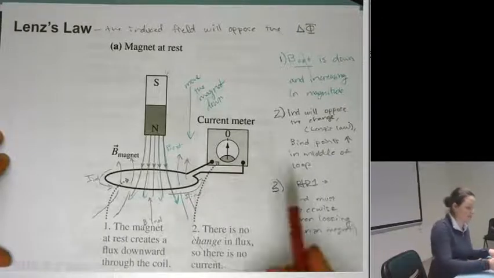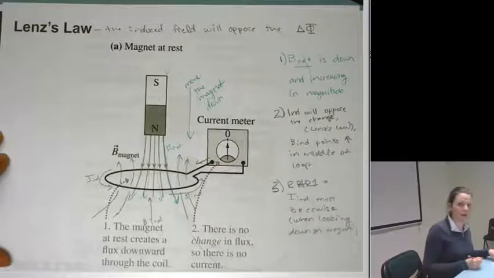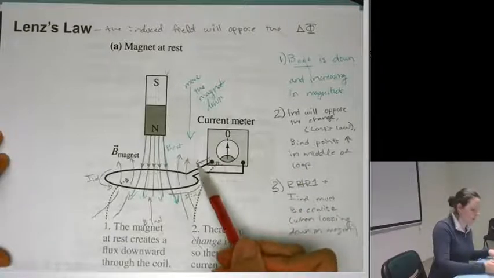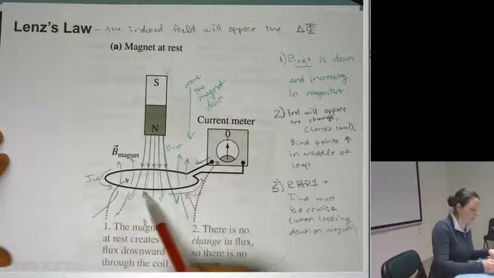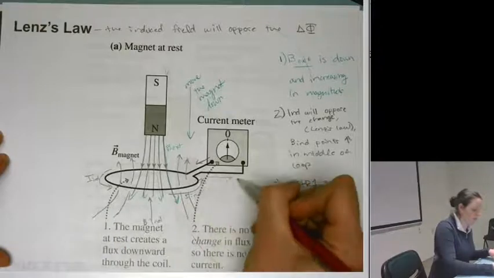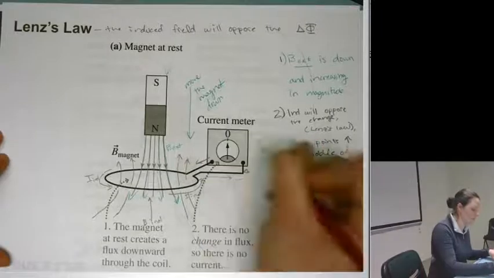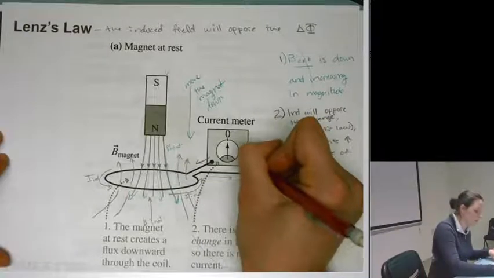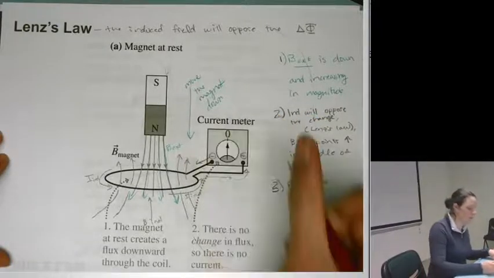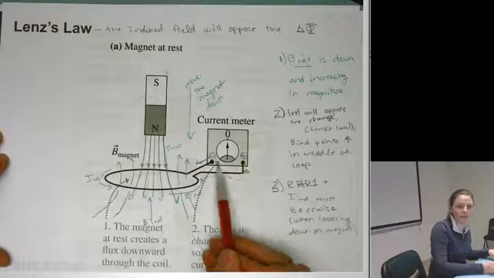Okay, so we would say that current is coming out of the meter over here, and it goes around counterclockwise, and then it goes into the meter here. Current meters, I'm going to add a little bit of things just to get used to looking at current meters. Current meters always have a plus side and a minus side on them.